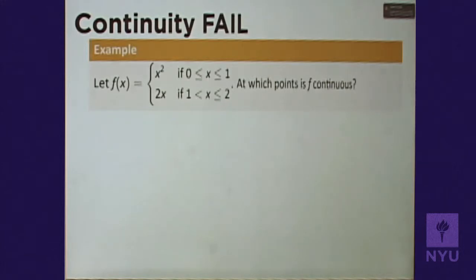x squared is a nice continuous polynomial function, and so this function is going to be continuous at points like 1/2, or points like 1/4, or 3/4, or 9/10, or anything which is between 0 and 1, not including 0 and 1. Likewise, on the other side of 1, we see that the function takes the definition 2x. So if we try to find out whether this function is continuous at a equals 3/2, we will see that near a equals 3/2, this function is indistinguishable from the plain old y equals 2x function.